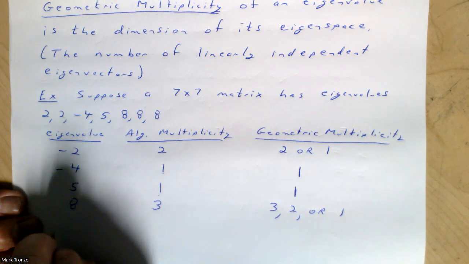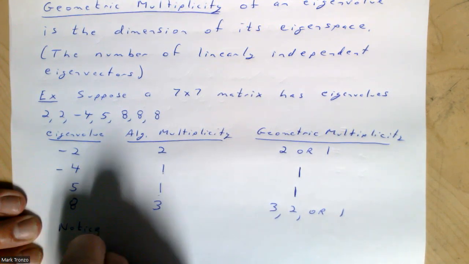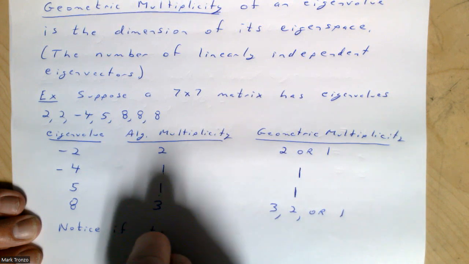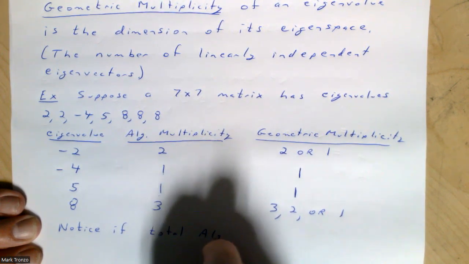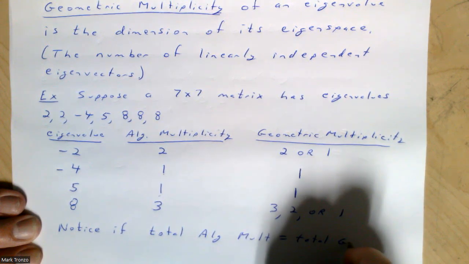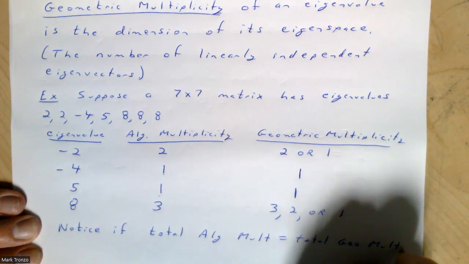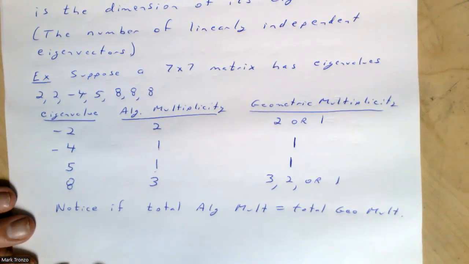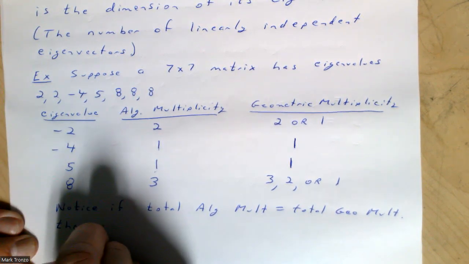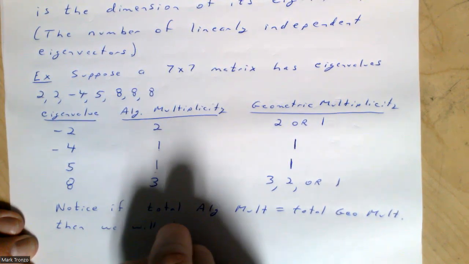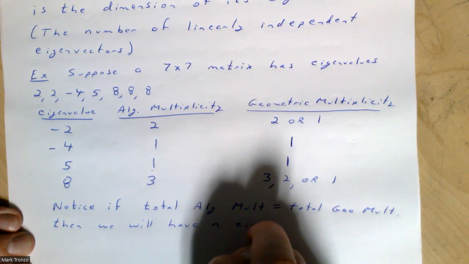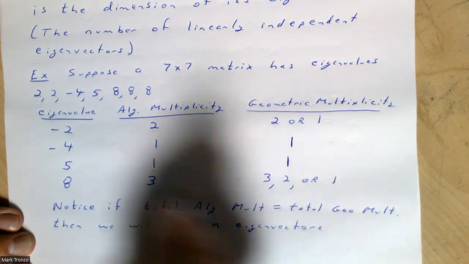Now notice, this is very important. Notice if the total algebraic multiplicity equals the total geometric multiplicity, then we will have n eigenvectors, or in this case, 7, since our n is 7.